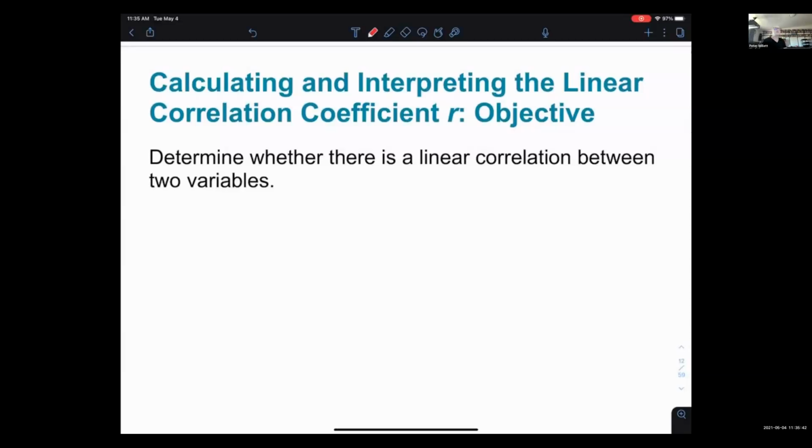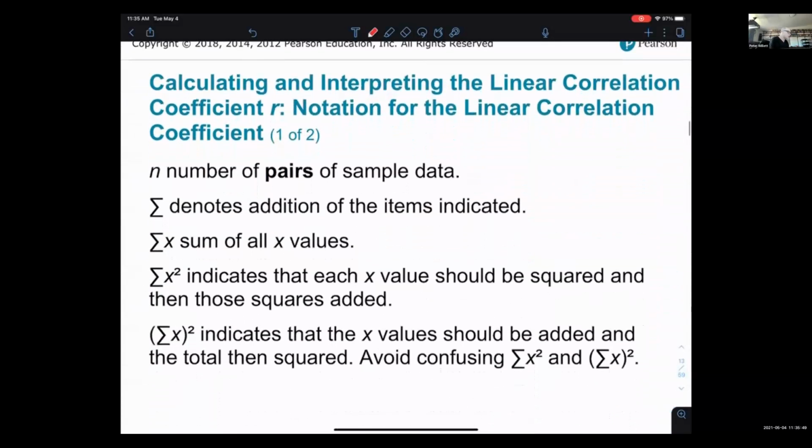So objective, determine whether there's a linear correlation between 2 variables. They're going to introduce a bunch of notation that they're going to use in formulas, which I'm going to mainly ignore. I will point out that N is still the number of pairs of data, which was what we used in 9.3 when we had matched pairs.